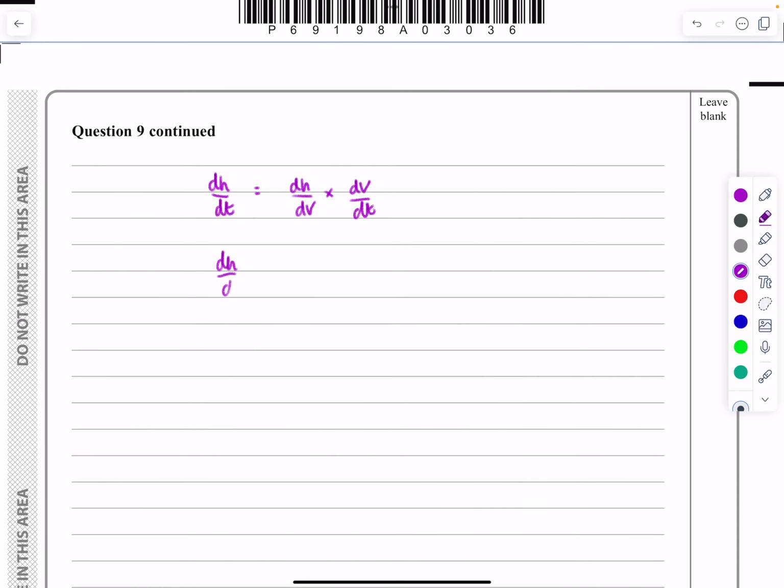So dH by dt is going to be 1 over 16 pi times dV by dt, and dV by dt is 0.6 pi minus 0.15 pi h. Well, first of all, we could take the pi's out if we want. That pi can cancel with those two, so we'll get a 16th of 0.6 minus 0.15 h. So the pi's can cancel there.